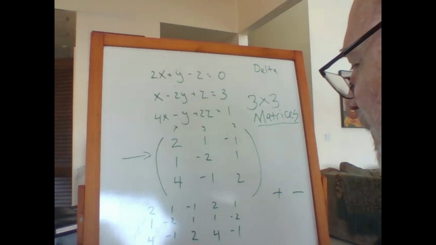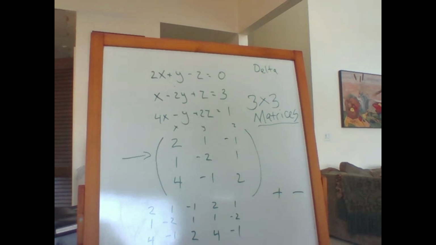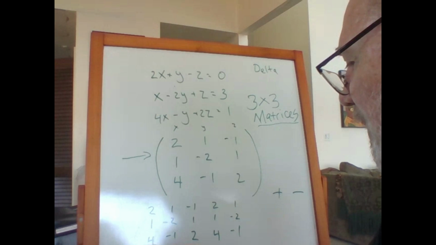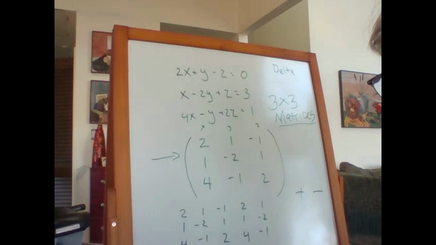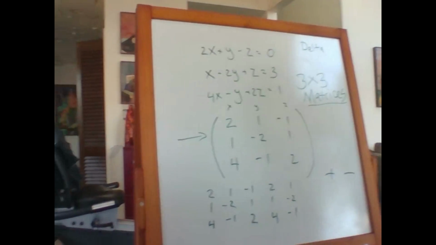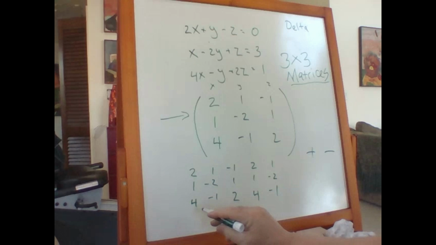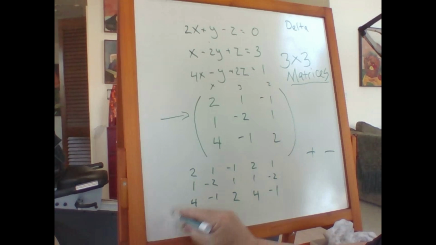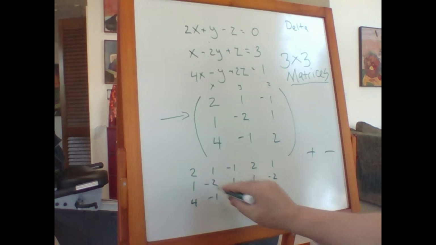So we have, all right, let's try to angle the camera a little better. Okay, so we have these three down in this diagonal.